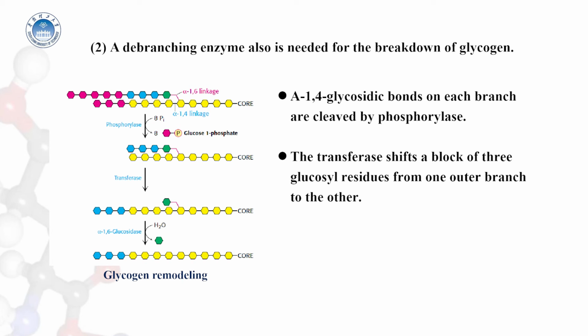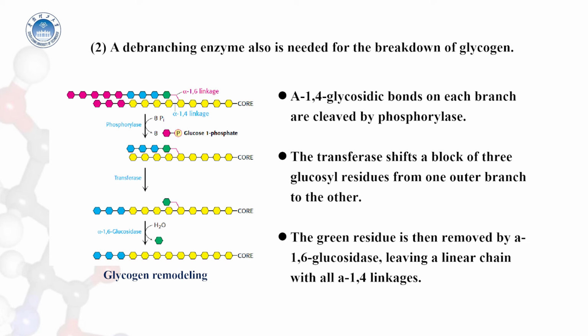In this reaction, the alpha-1,4 glycosidic link between the blue and the green residues is broken and a new alpha-1,4 link between the blue and the yellow residue is formed. The green residue is then removed by alpha-1,6-glucosidase, leaving a linear chain with all alpha-1,4 linkages, suitable for further cleavage by phosphorylase.